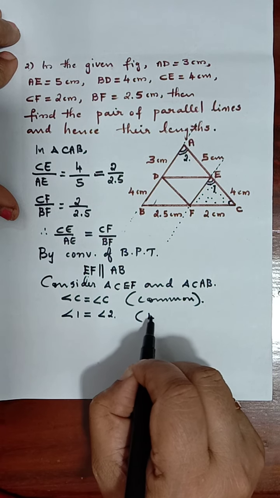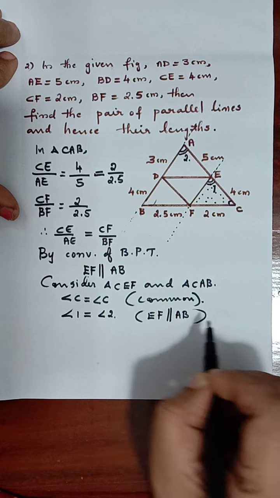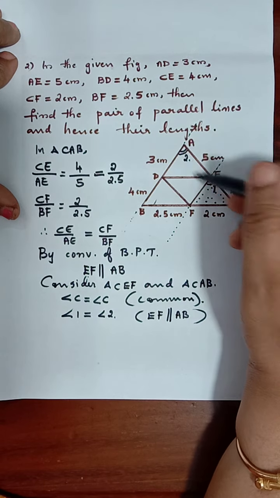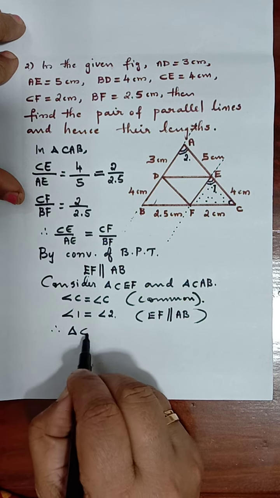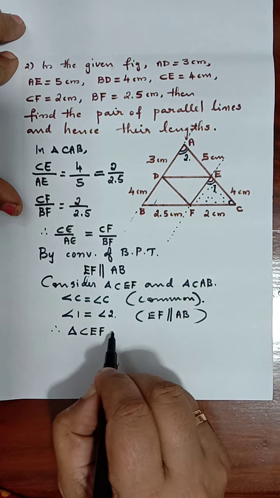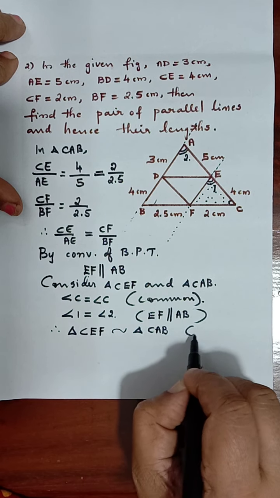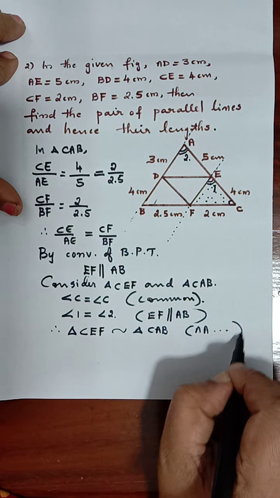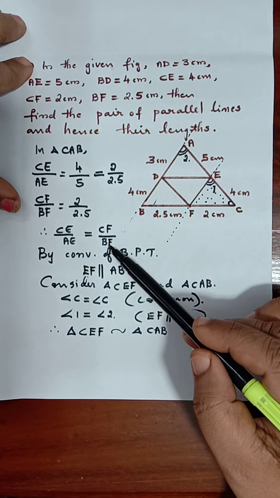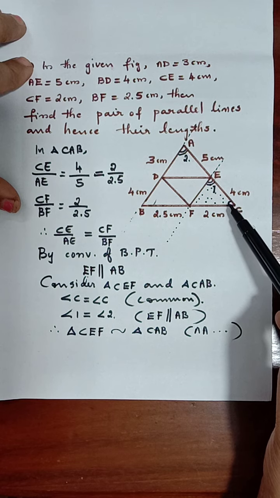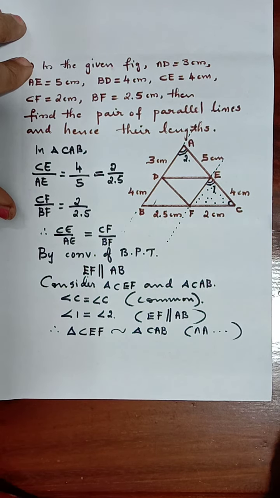The reason is EF is parallel to AB, therefore corresponding angles are equal. Therefore, triangle CEF is similar to triangle CAB by AA similarity. Different similarity criteria we can prove here. Already we have the similarity of the sides. Then one more common angle we have, so by SAS similarity also we can say.